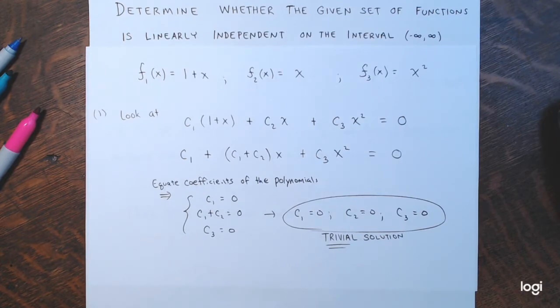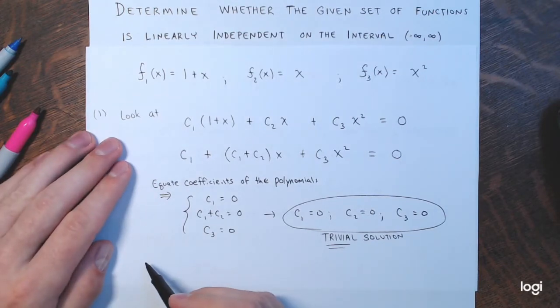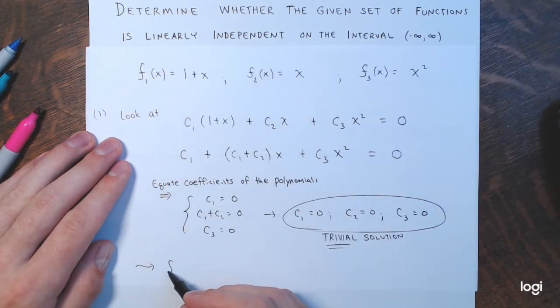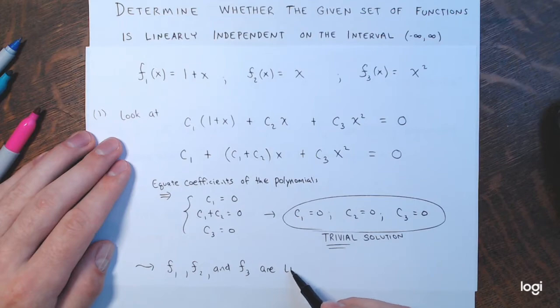And if that's the only solution to this equation for any value in the interval, that means that these functions are linearly independent on this interval. So f1, f2, and f3 here are linearly independent on the real number line.